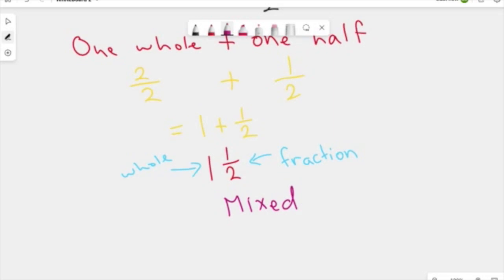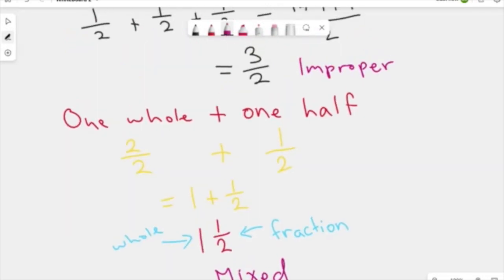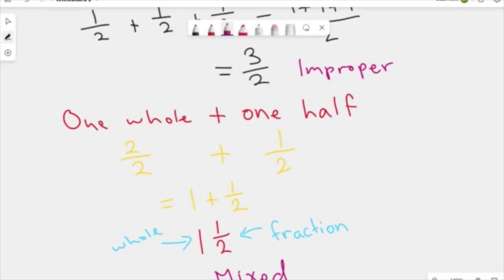Some people call it mixed numerals, but essentially we have two ways of showing the exact same thing. So one is an improper fraction, which shows a numerator which is greater than the denominator, implying there's a whole embedded in here somewhere.